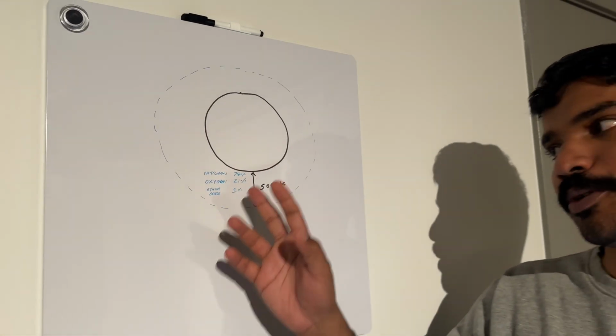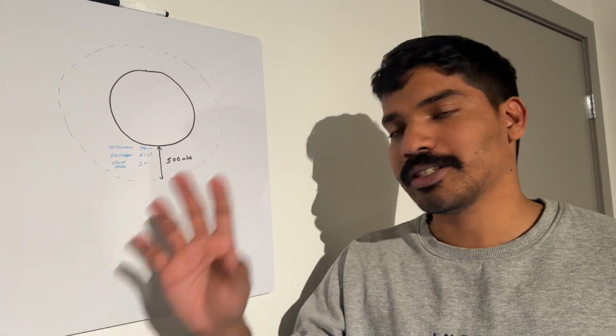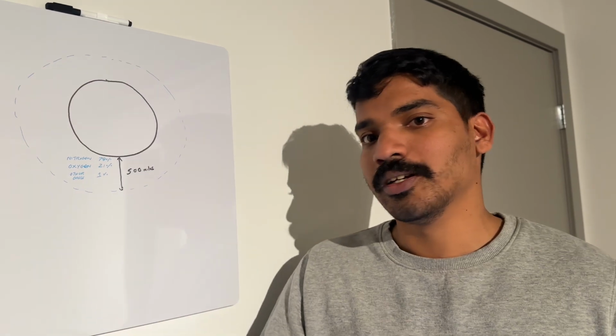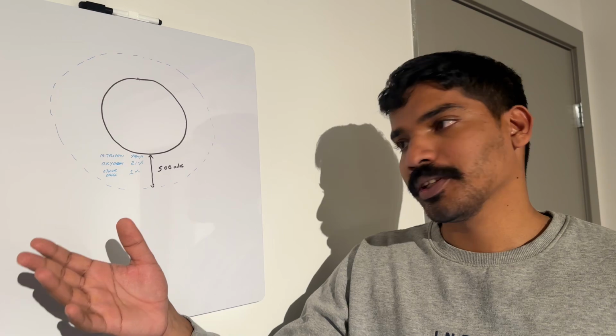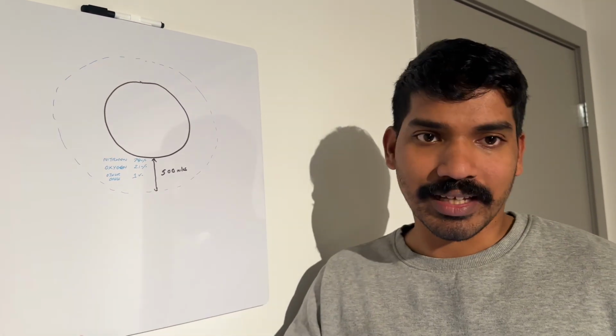So 78 plus 21 plus 1% is 100%. So there's nitrogen, oxygen, and other rare gases, which include argon, neon, etc. And water vapor is also a part of the other gases.